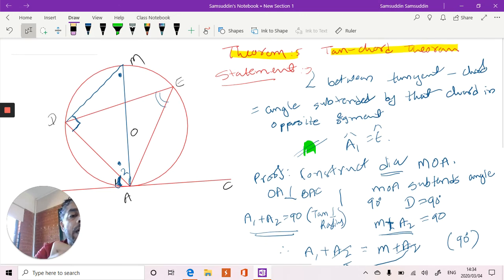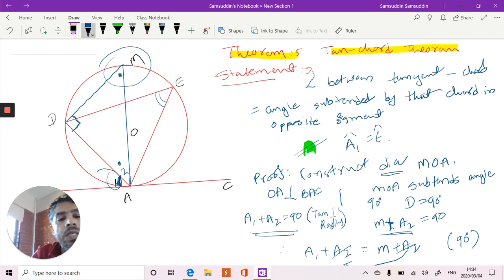Looking at this diagram, M has a relation with A2, which is not my target. My target is A1 with E. So I'm going to find the link between the angle I want, angle E, and the angle I don't want, angle M. What is the link between these two?